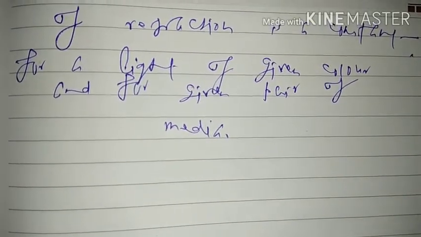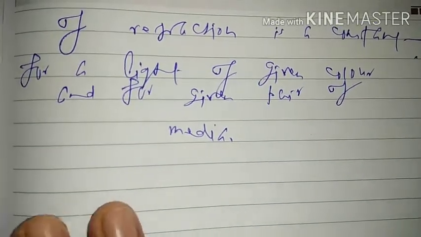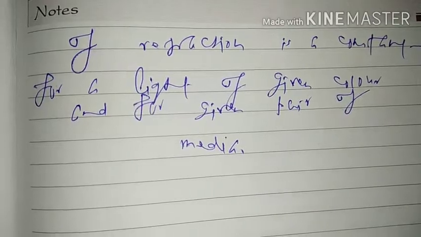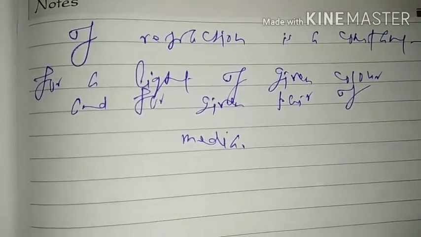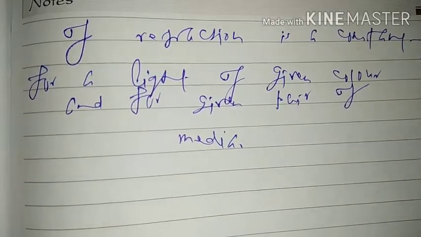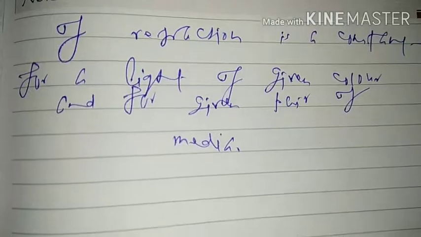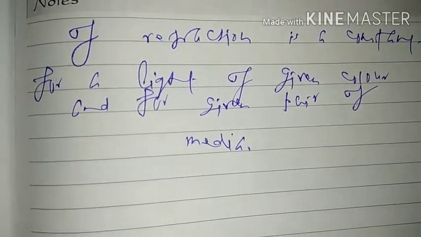laws of refraction just like laws of reflection, but laws of refraction are quite different from laws of reflection. First law has some similarity because in the first law of reflection we had seen that the incident ray, the reflected ray and the normal at the point of incidence all lie in the same plane.